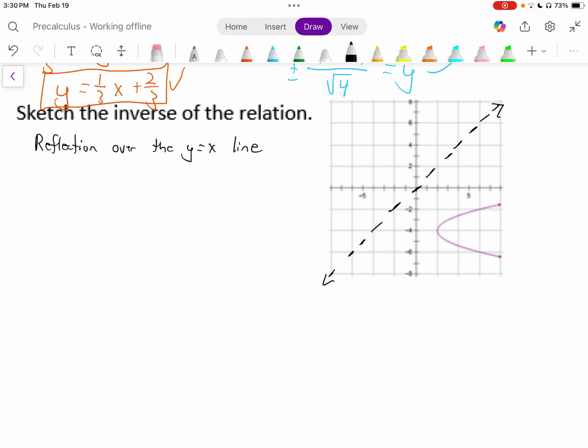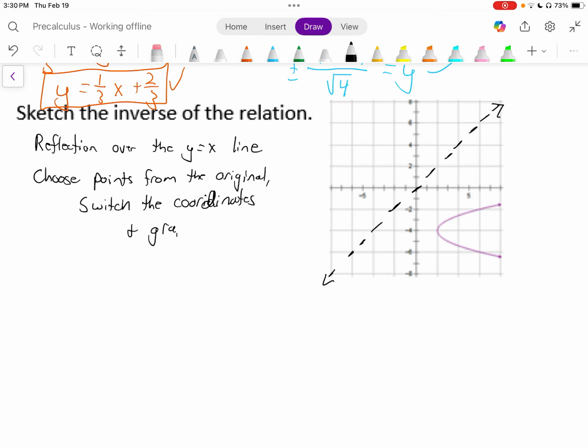And then we're going to find or choose points from the original, we're going to switch the coordinates and graph those points.